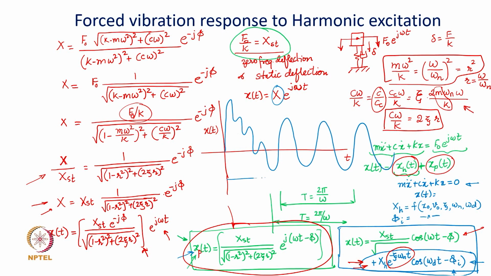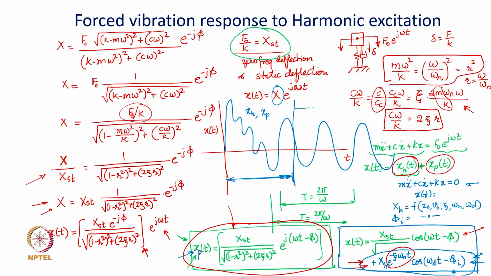So, what is happening is, in this initial part of the total response, the total solution is contributed by both the steady state part as well as the transient part, okay. So, in the initial period of the solution, both x h as well as x p, that is this x p and x h, which was given by this expression, contribute and the total response is a combination of both of them together. That is why you see some perturbations like that.